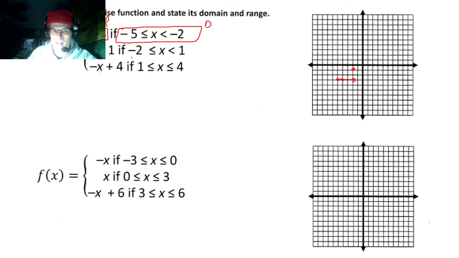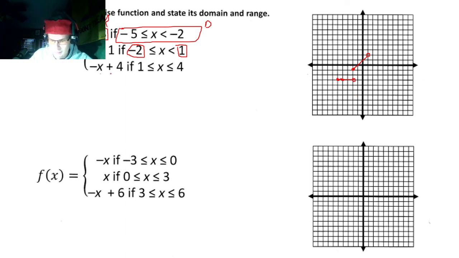And then, what about 1? Let's try 1. If it's less than 1, 1 plus 1 equals 2. And this is an open circle over here. So you can honestly just use your 2 endpoints here. So you have one endpoint here and one endpoint here. Graph those points and then connect the dots. So we have our second line right there.